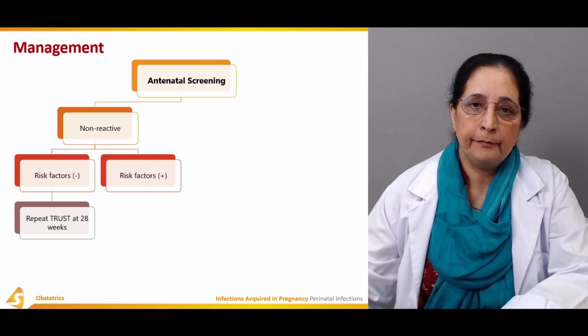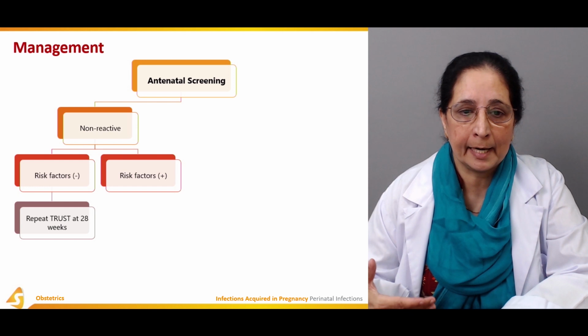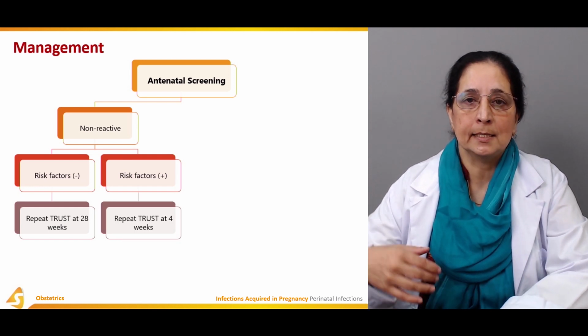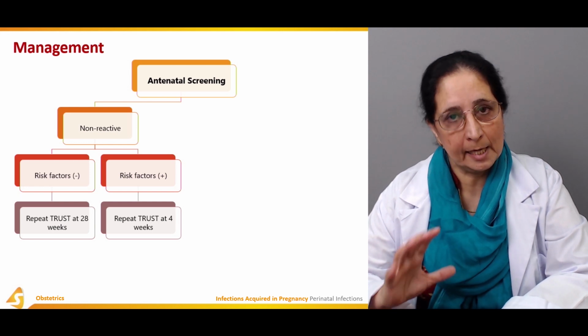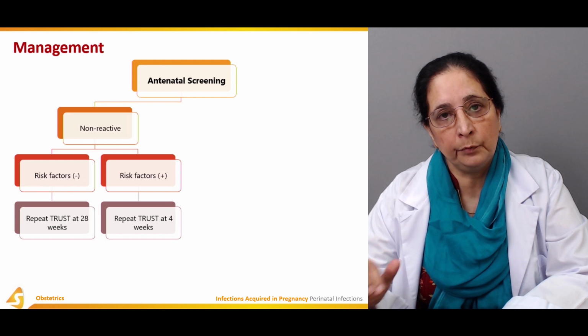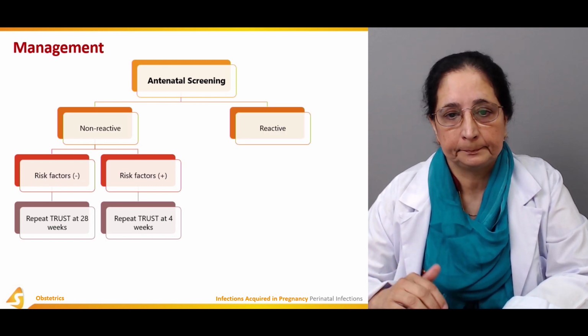In the next case, if risk factors are present and the test was non-reactive, then we should repeat the TRUST at 4 weeks. So that's the major difference: if risk factors are present, at the 4th week; if risk factors are absent, at the 28th week.